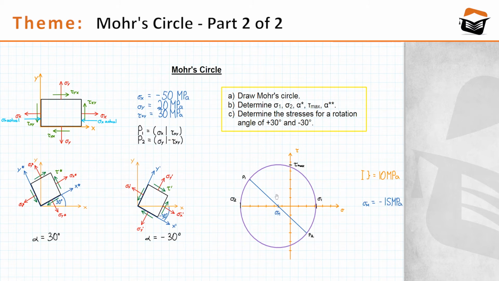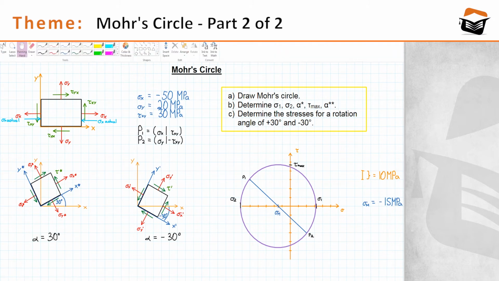If the rotation angle is 30 degrees, as in the first scenario, 2 times alpha must be 60 degrees, and because it is positive 60 degrees, it must be 60 degrees counterclockwise from the new line to the old line between P1 and sigma m. In this regard, to find the direction of the new line, you need to go 60 degrees clockwise from the line sigma m P1 to the new line sigma m P1 star.